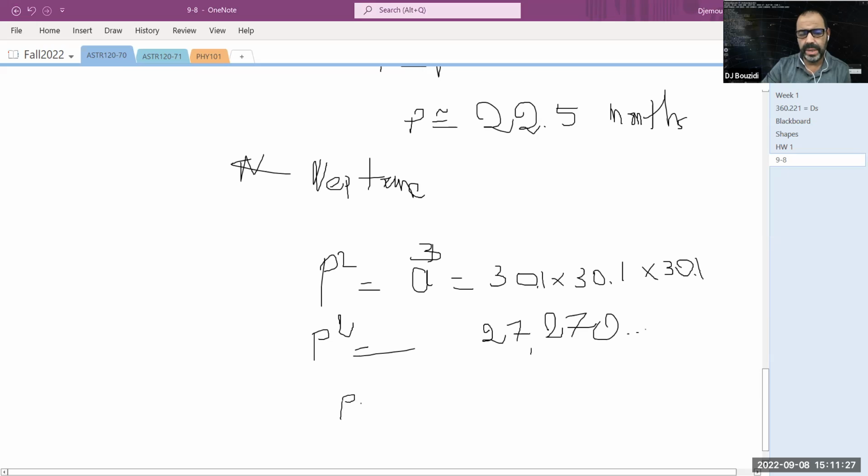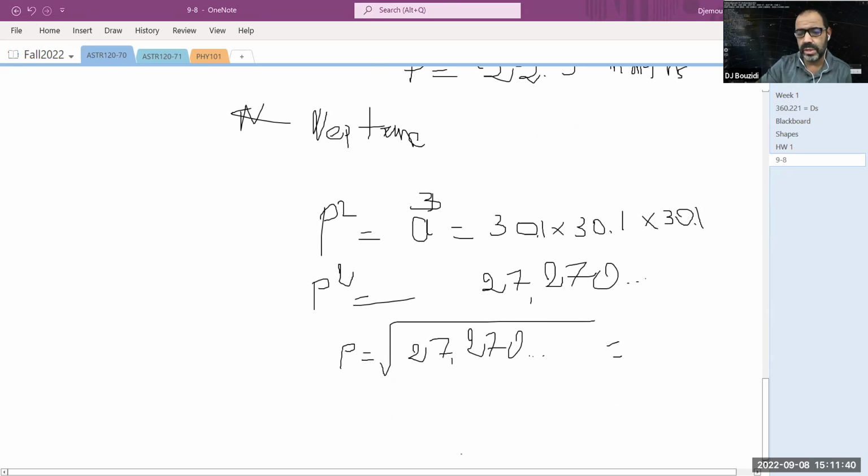So now P is just the square root of this number, 27,270. In other words, how many times Neptune goes around the sun while the Earth does that once? So again, take the square root of this number, and it's 165 years. 165 years.